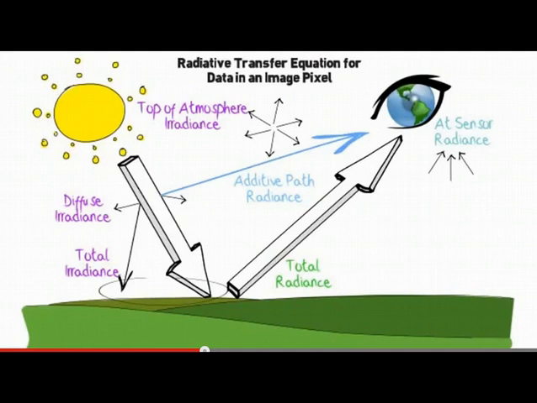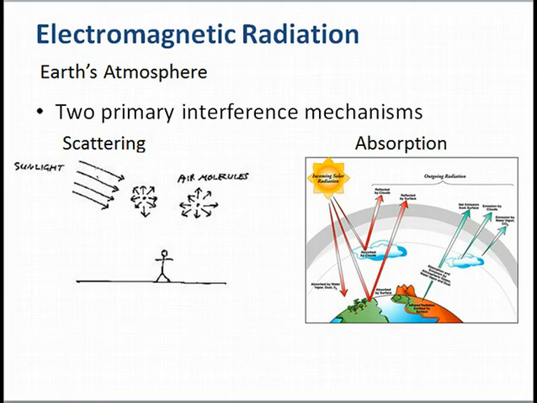We're going to need this to apply these principles so that we can adjust what we receive at the sensor, this at-sensor radiance, so that it better matches the true reflectance, the at-surface reflectance that was given off by the Earth's surface features.